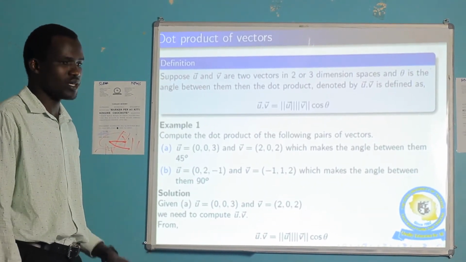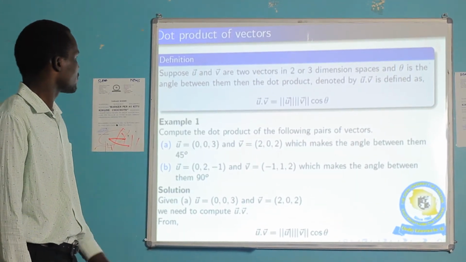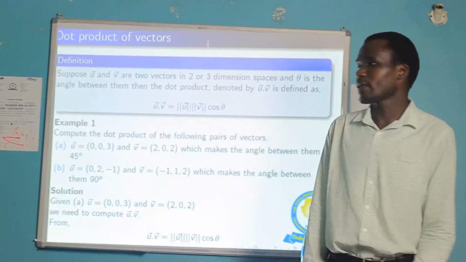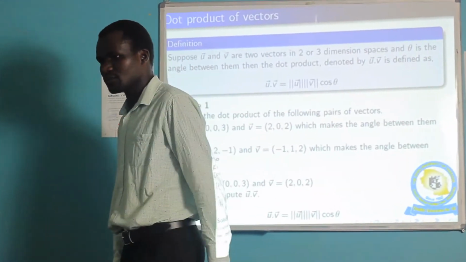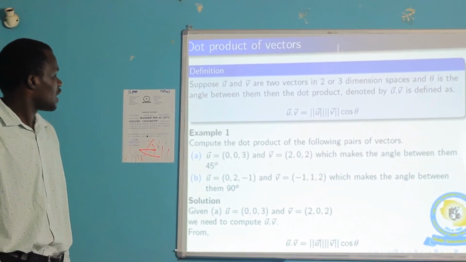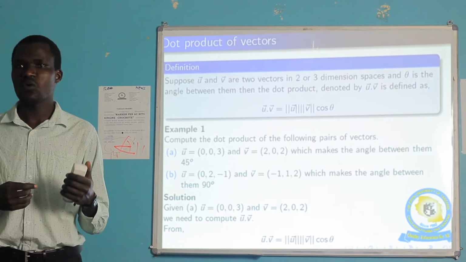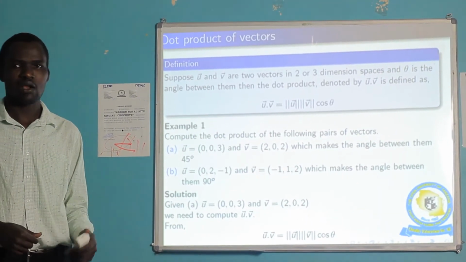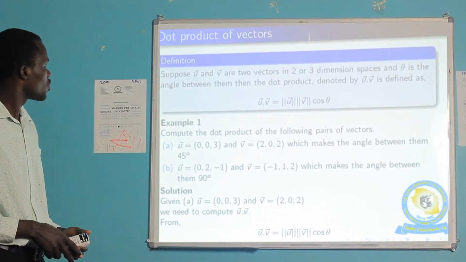Okay, dear students, this is another operation on vectors. It's called a dot product. Okay, let's talk more about this dot product. Dot product is multiplying two vectors and the result is a scalar, or a real number.